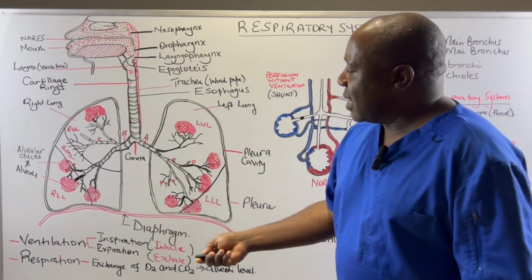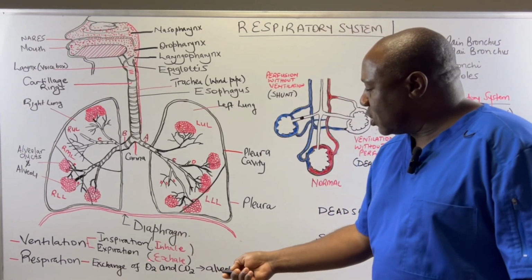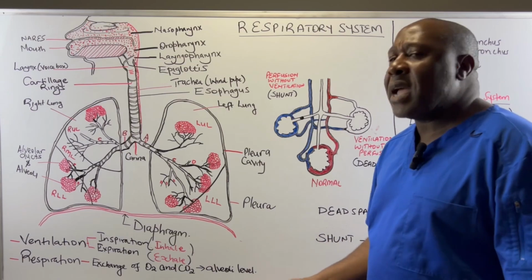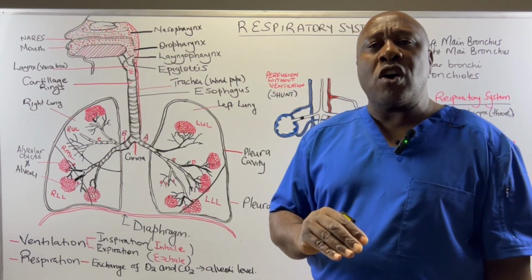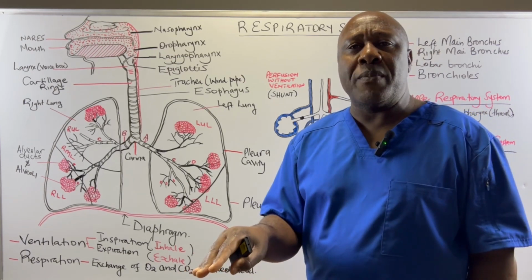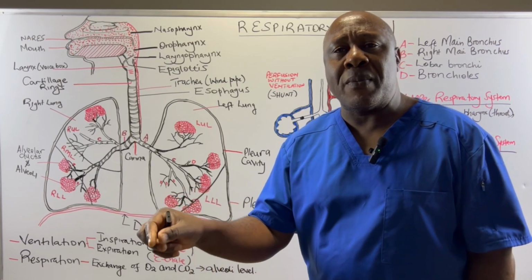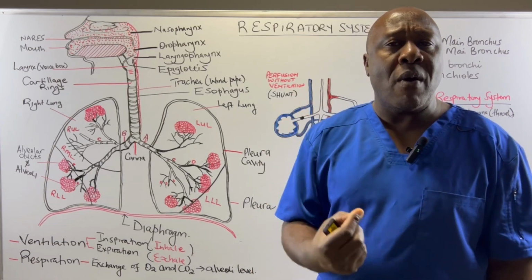Now, on the other hand, respiration is the exchange of oxygen and carbon dioxide at the alveoli level. Now, in the alveoli, oxygen moves from the alveoli into the bloodstream, and the carbon dioxide moves from the bloodstream into the alveoli, ready to be expelled from our bodies.